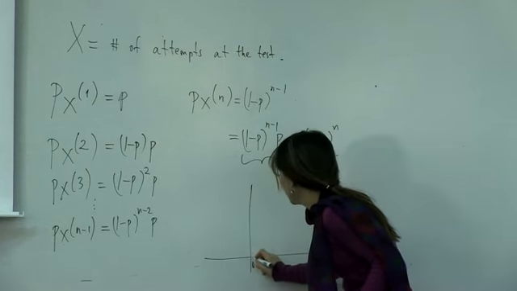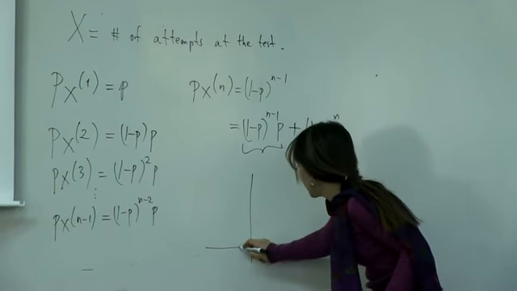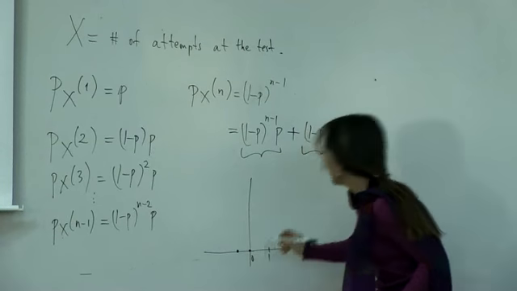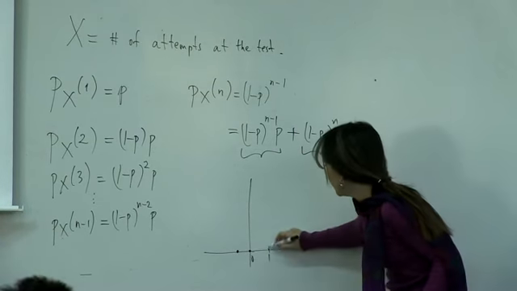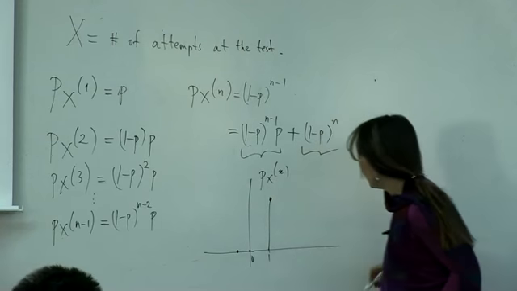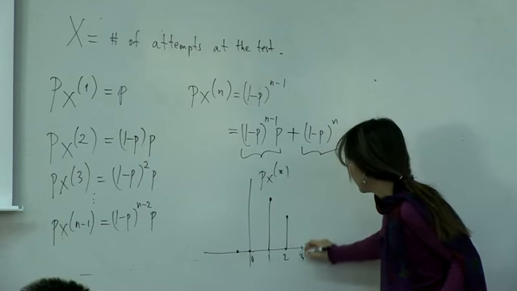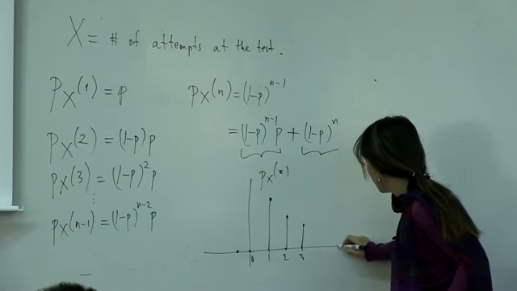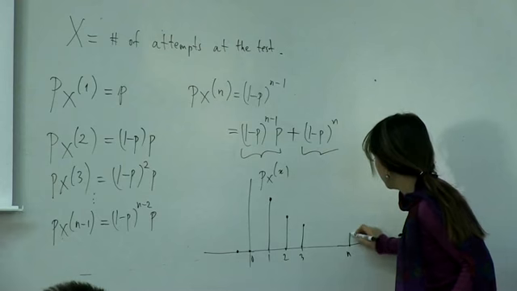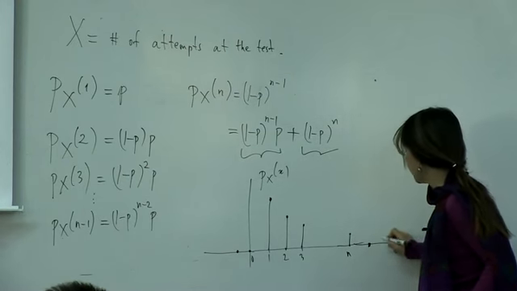So this is 0. 0 is not possible. Negative values are not possible. At 1, the probability that it's 1 is p. The probability that it's 2 is like this. Probability of 3 is like this. And up to n. And after n, it's 0 again.